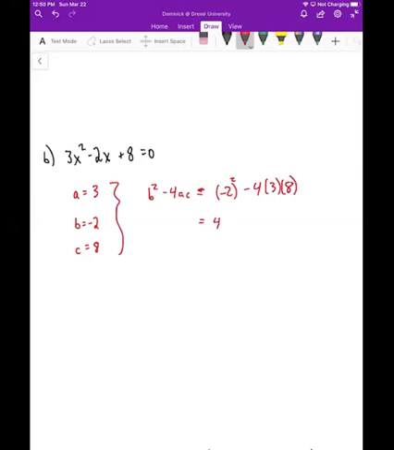So we get a 4. And let's see, we get a minus 32 times 3, so a minus 96. So this will give us a negative 92, which of course is less than 0. So since we get a negative number here, we're going to have two complex number solutions.